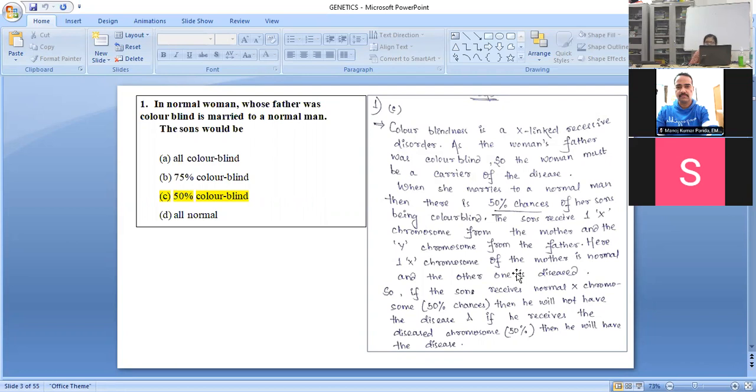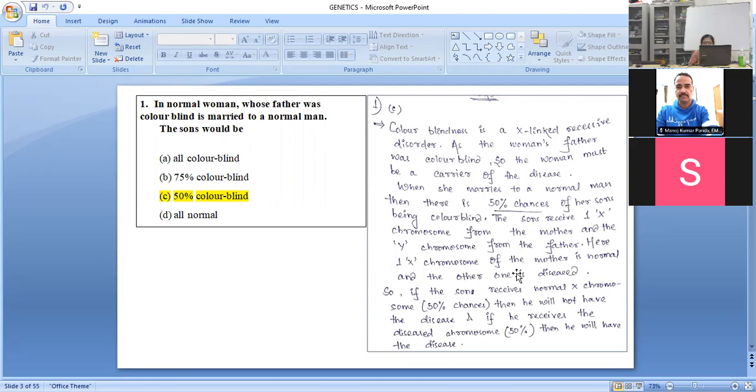As males have just 1 X chromosome, they are more susceptible to getting the disease. As such, studies show that color blindness is more pronounced in males as compared to females.